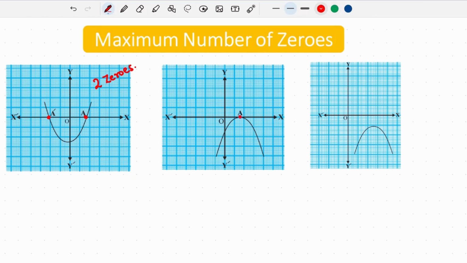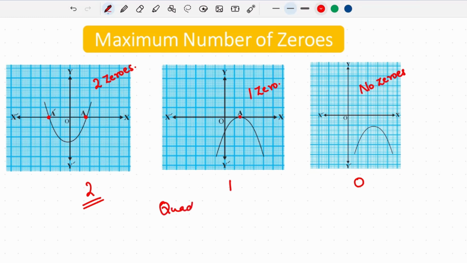In the second graph, it is touching the x-axis at only 1 point, which means there is only 1 zero for this polynomial. Here, the parabola is not touching the x-axis, which means there are no zeros or no solution for this polynomial. So, you can say that for the quadratic polynomial, you can have 2 zeros, 1 zero or no zeros. That means the maximum number of zeros it can have is 2.